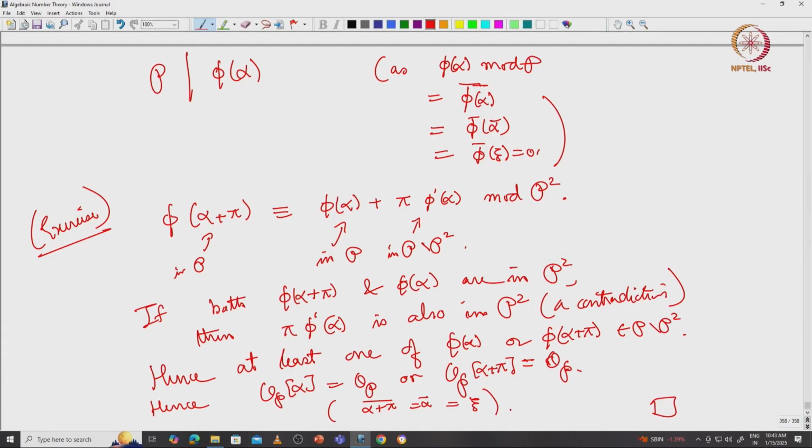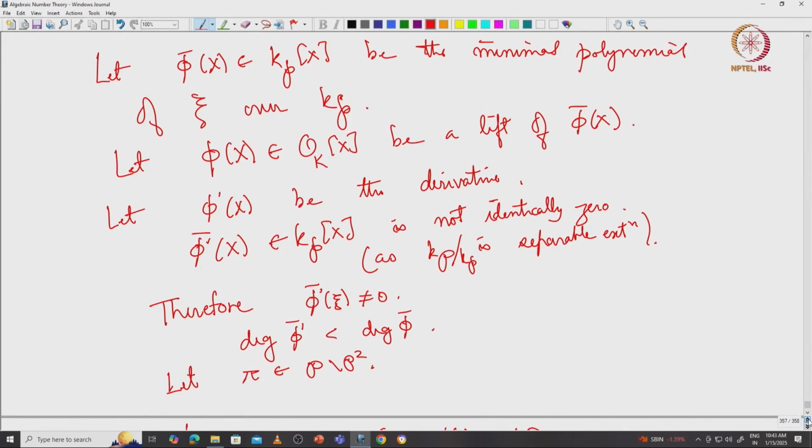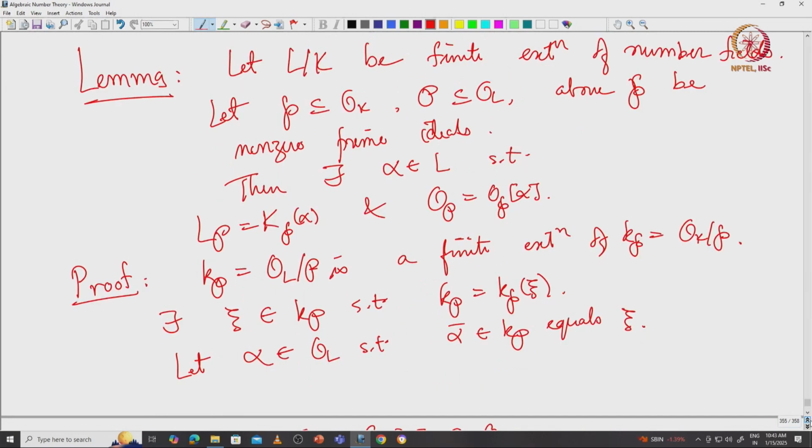Okay. So, this is a very useful lemma, because it tells you that although you cannot generate rings of integers in a global field by one element, you can generate rings of integers of a local field by one element.